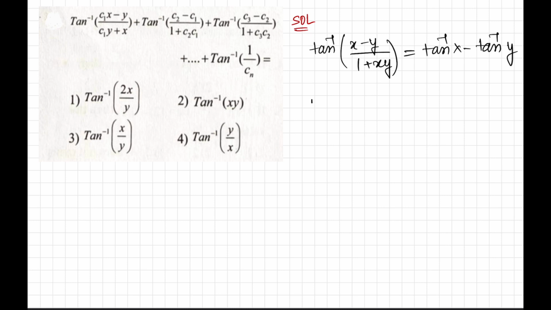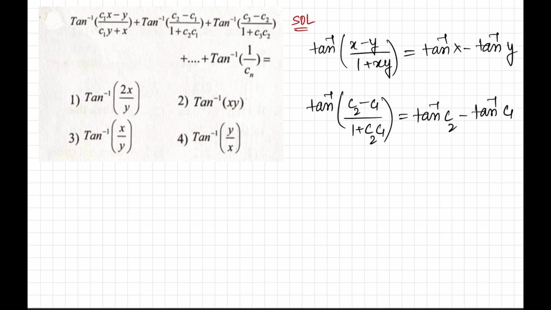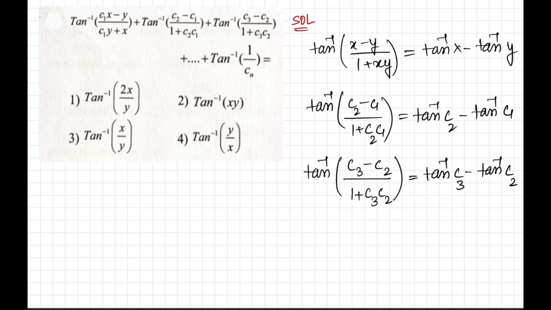So we get tan inverse (C2 − C1)/(1 + C2C1) is equal to tan inverse of C2 minus tan inverse of C1. Next, tan inverse (C3 − C2)/(1 + C3C2) और ये है tan inverse of C3 minus tan inverse of C2.